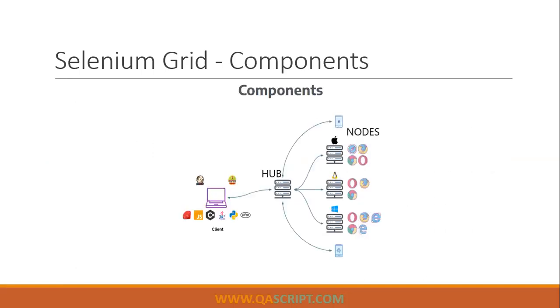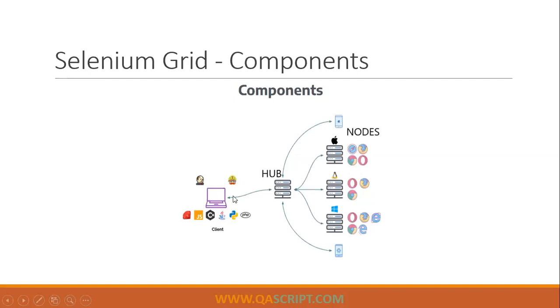Now, let's have a look at the components. I was talking about the Selenium client. It could be in any language: your tests could be written in JavaScript, C Sharp, Java, PHP, or Python. It will contact the Selenium Hub, which is a server. Then there will be several nodes set up by you, which will be registered with this particular hub.